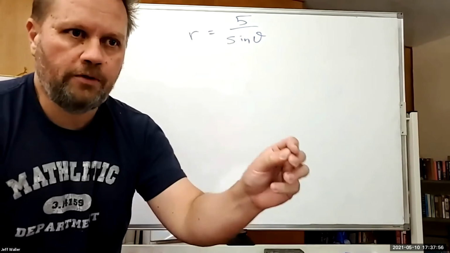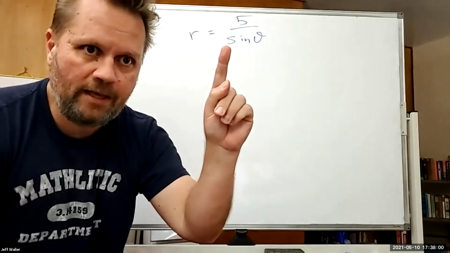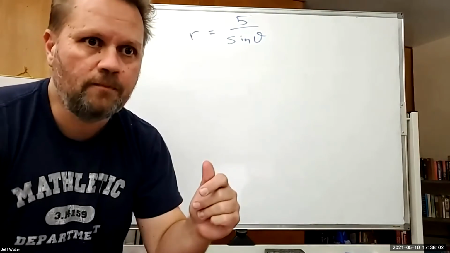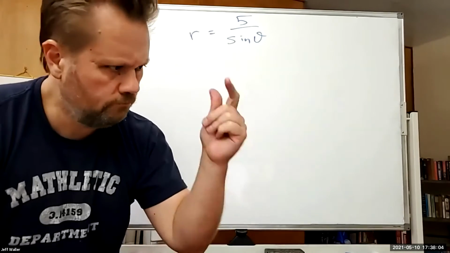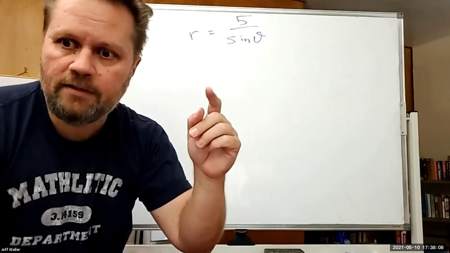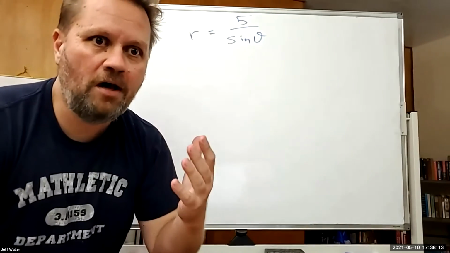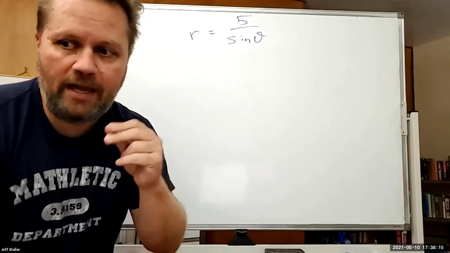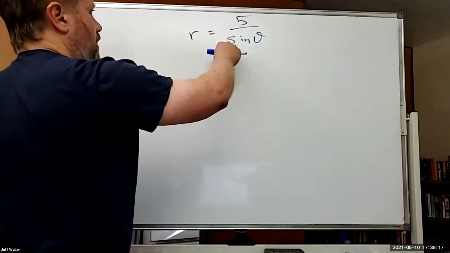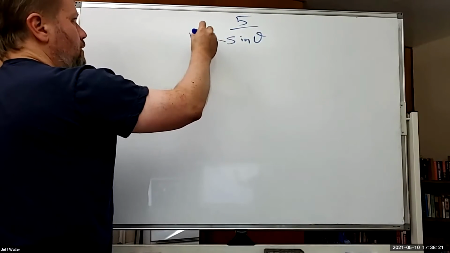Well, how do you go from polar to rectangular? Very easily. If only there was a what next to the sine, I could become something straight up. There it is. What do you wish was sitting next to the sine and would equal one of the rectangular coordinates? Yeah, if only there was an r. I can make that happen. Really, I don't have to multiply top and bottom by r, because this r is just like, come on up here.